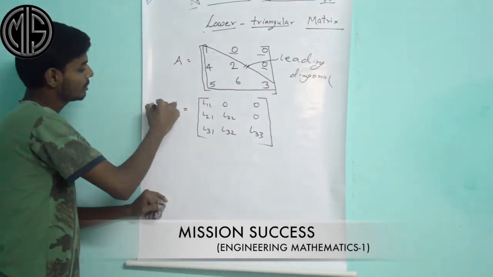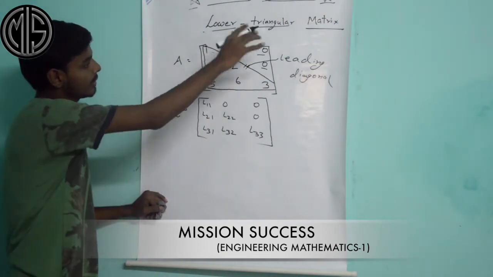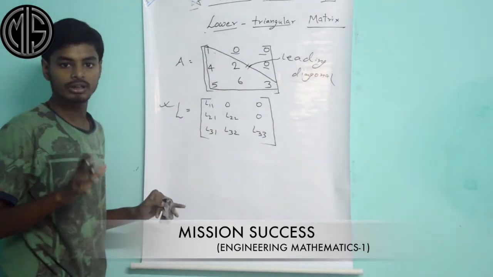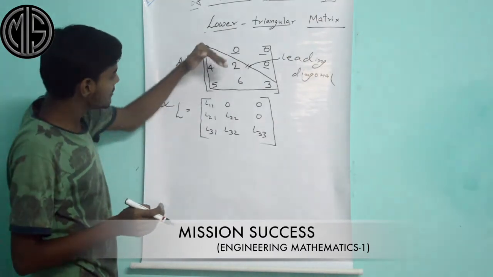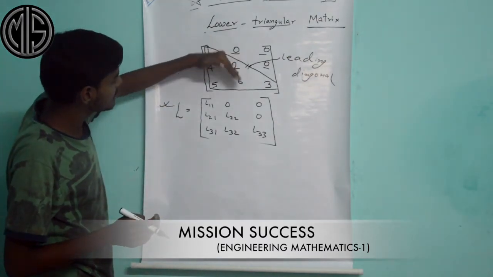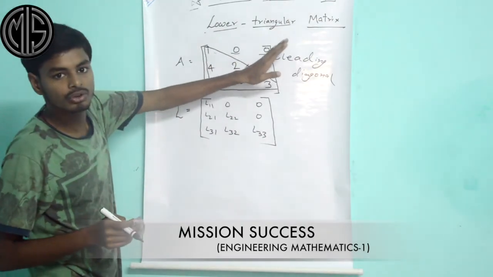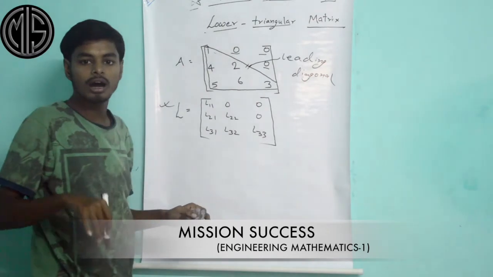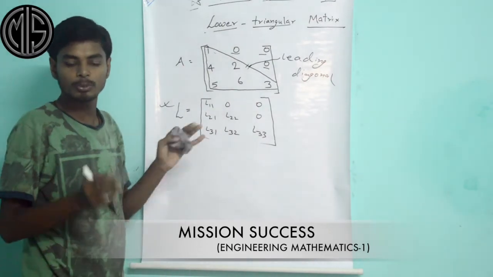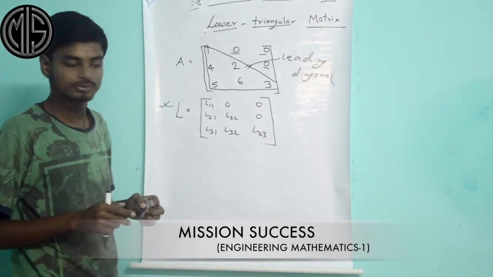So this is lower triangular matrix. Now you understand what is lower triangular matrix? In lower triangular matrix, the elements present above the leading diagonal elements are 0. We can say it is just the opposite of upper triangular matrix.